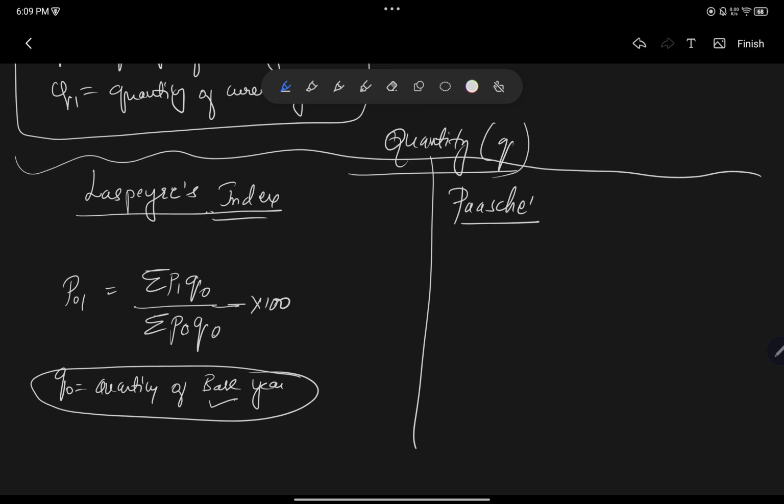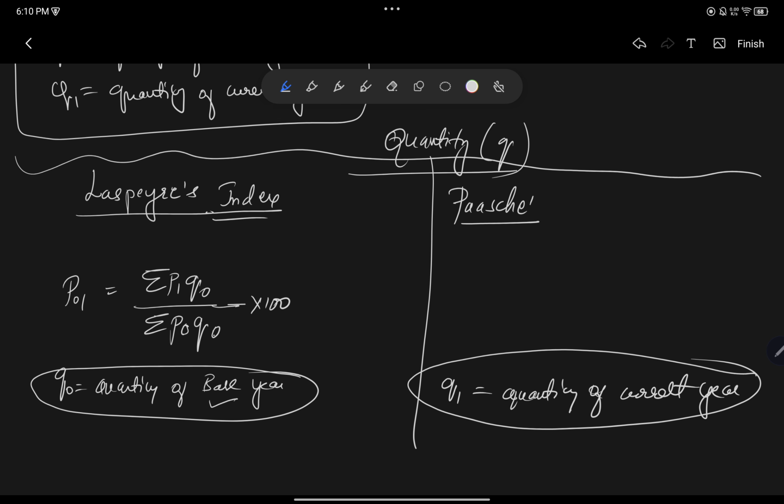Let me take the quantity of current year instead of the quantity of base year. So he brought a new formula: P01 is equal to summation of P1 divided by summation of P0, with Q1 instead of Q0, in the numerator as well as the denominator.